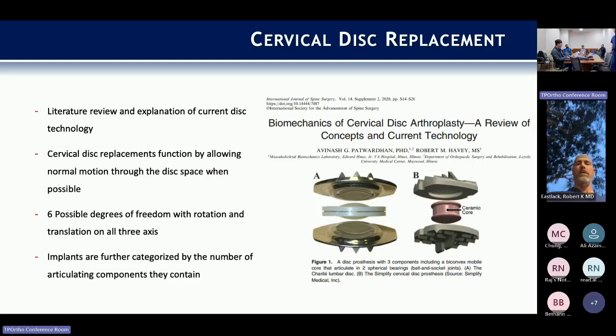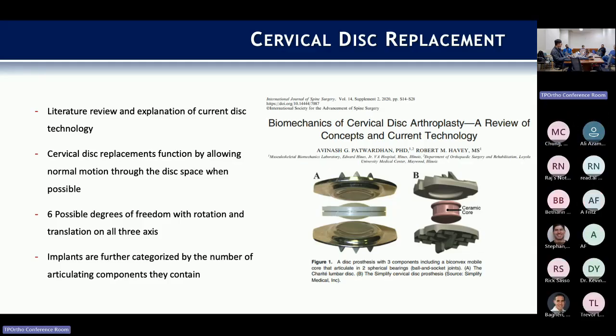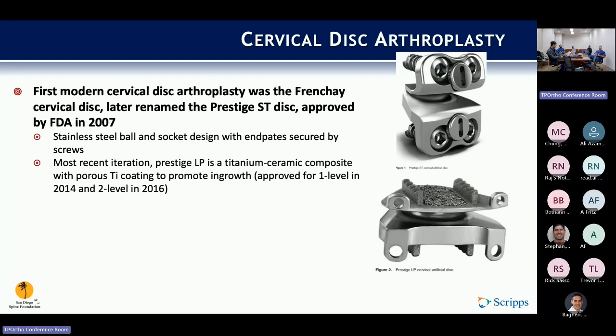So moving on to cervical disc replacements. The goals of cervical disc replacement include motion preservation, reducing adjacent segment disease, and maintaining the sagittal alignment. The implants have to balance the biomechanics and biology, and imaging clarity.